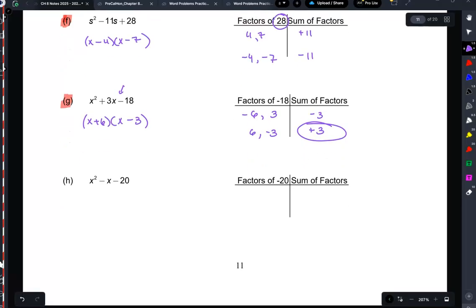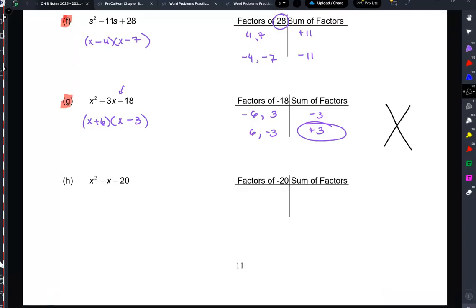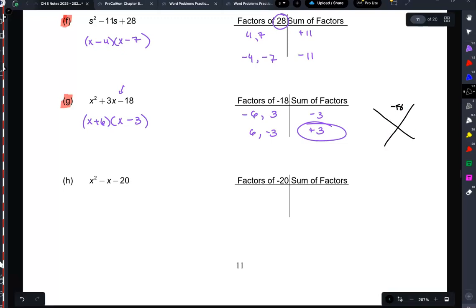Another way that people arrange this is the following. They do an x, okay? And then the negative 18 goes here. Let's do a wider x. The negative 18 goes here. The positive 3 goes there, right? And so now, again, I just want two numbers that multiply to the top and add to the bottom.